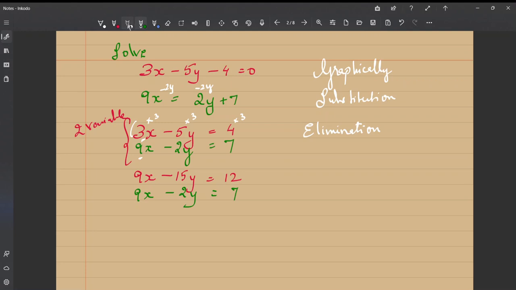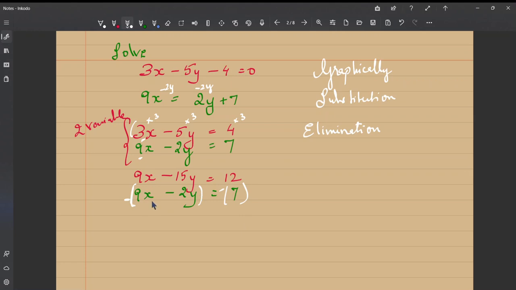That is, the whole thing, 9x minus 15y, is to be subtracted from the other, right? Or I should say minus of 9x minus 2y, this is minus of 7. But can I do it?